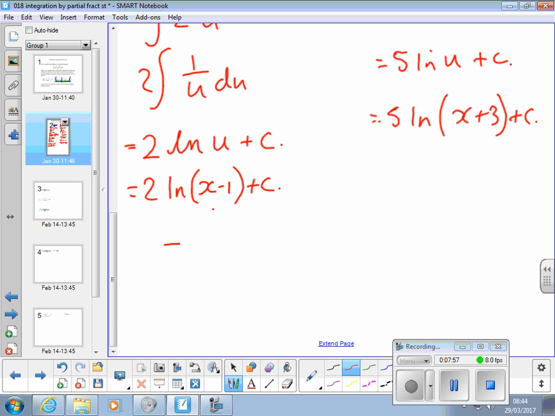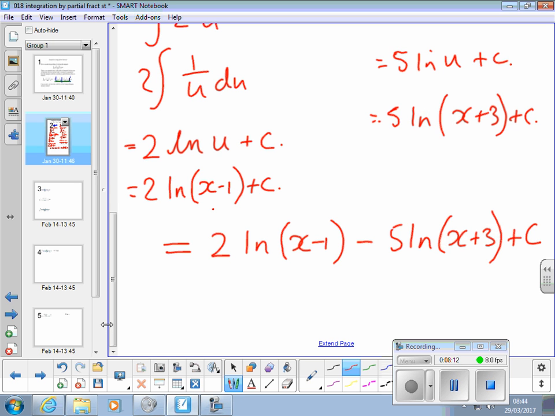Take away that one. So the final solution is 2 ln (x minus 1) minus 5 ln (x plus 3) plus c.